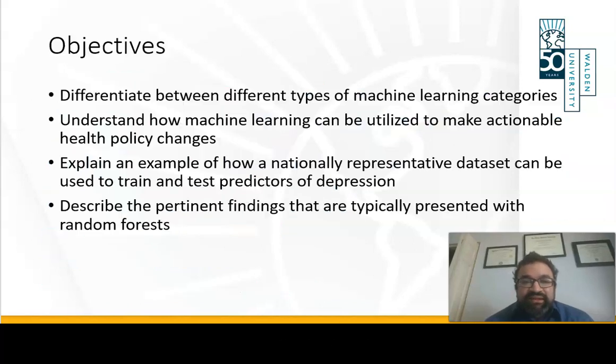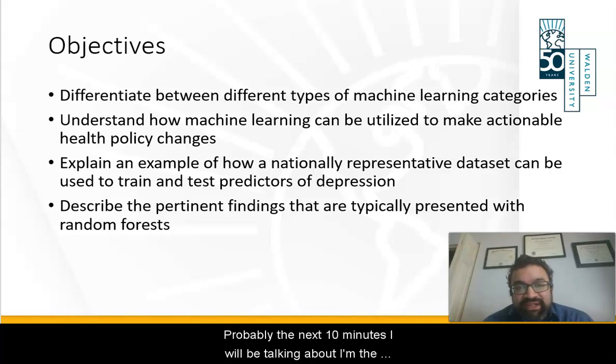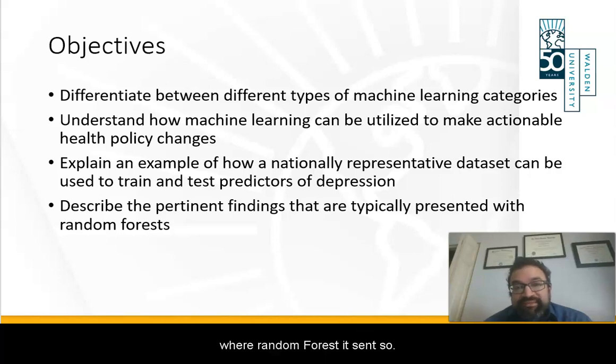Today, in roughly the next 10 minutes, I will be talking about the different types of machine learning categories and where random forest fits in.